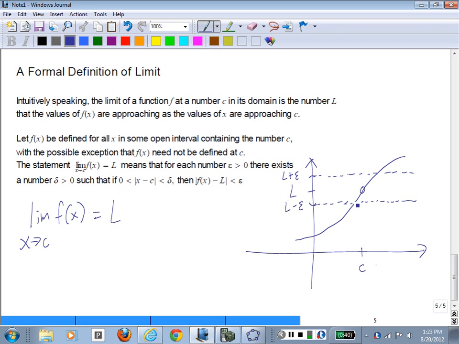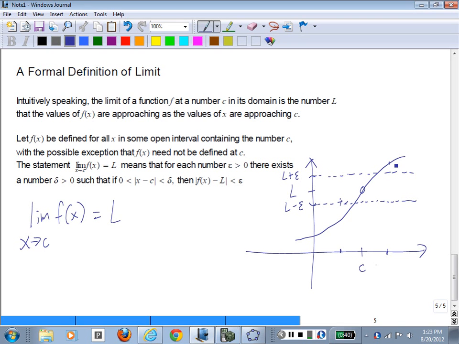Well, I want to make sure that the graph stays in between the horizontal lines. So I don't want to go far to the left over here. If I consider values out here, it's not in between the horizontal lines. It's below the horizontal line. If I consider values over here and look at points on the graph up there, it's not in between the horizontal lines. It's above the horizontal line, y equals L plus epsilon.